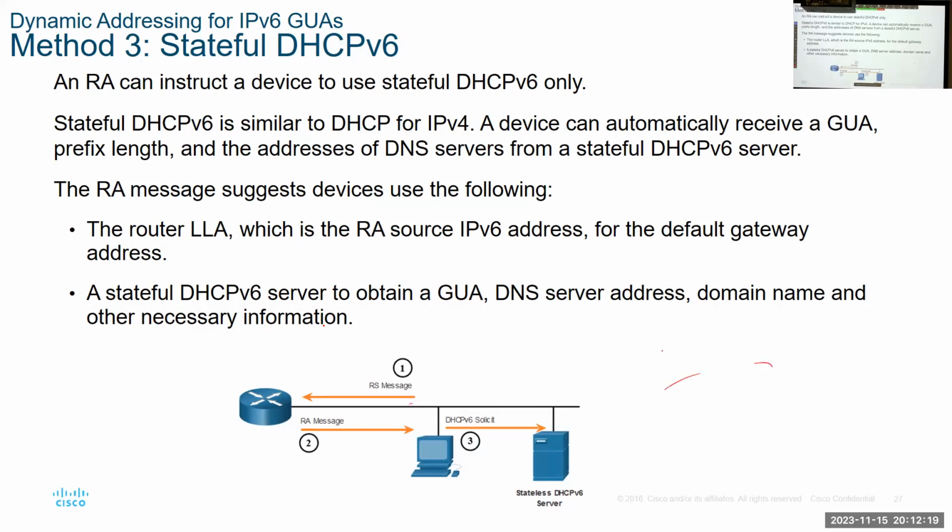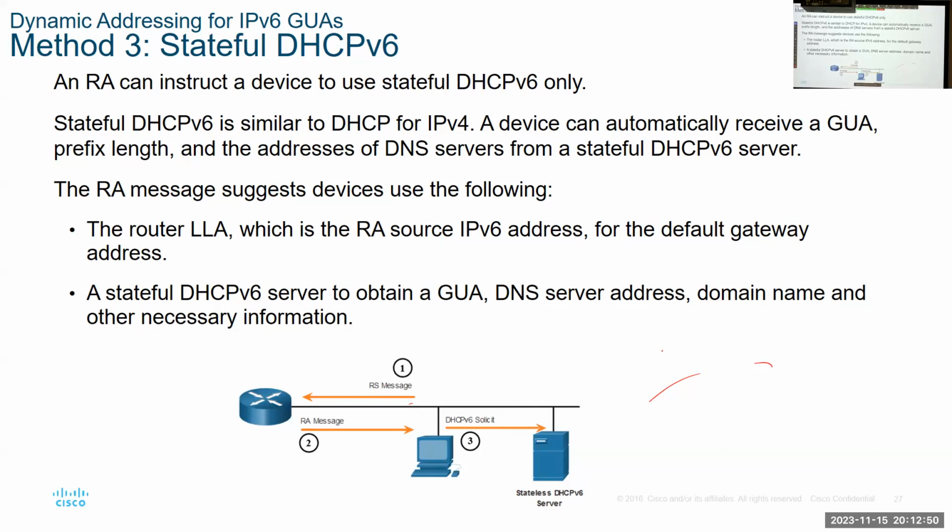So the device will use the link local address of the router as its default gateway, but then it'll contact a DHCPv6 server to get all of its address information.